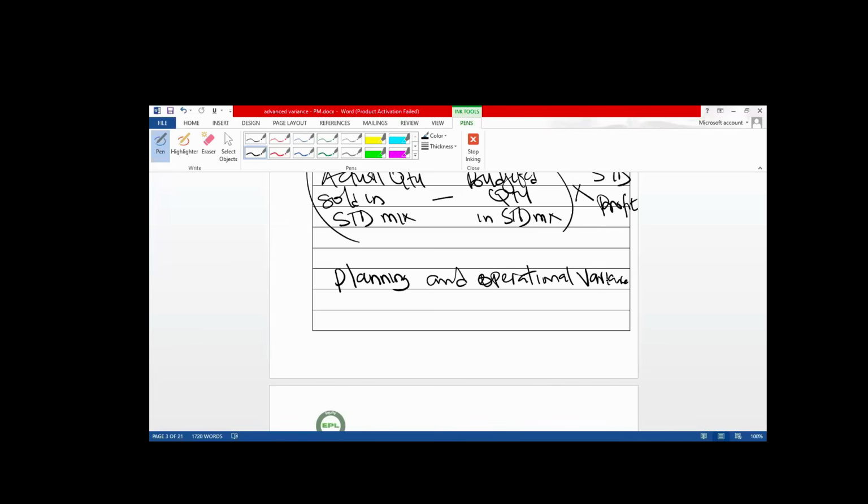First, let's start like this. If you look at your variance reporting, variance reports can be used for performance evaluation.